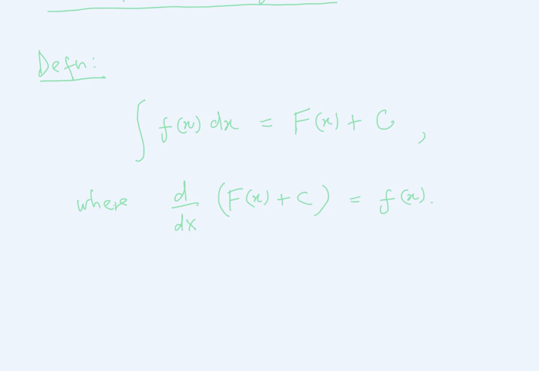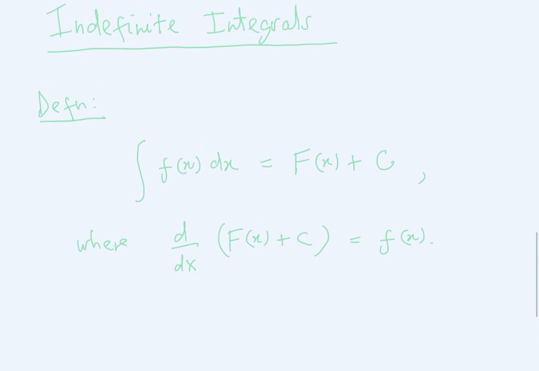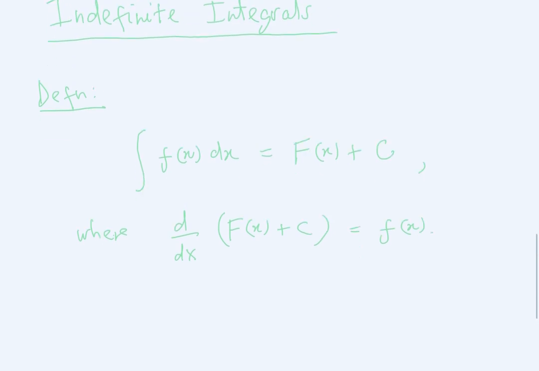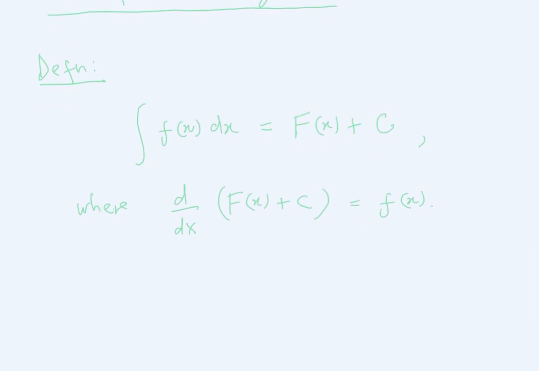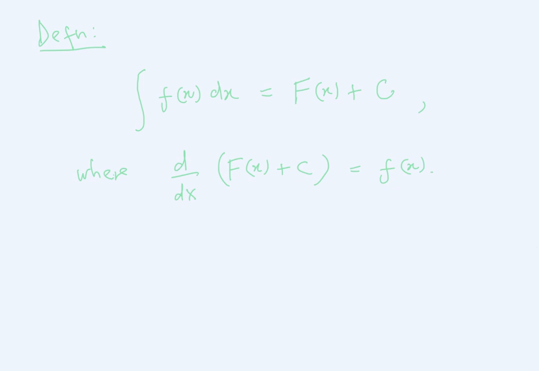When you differentiate big letter F of x plus c with respect to x, you get small letter f of x. That's a definition of indefinite integrals. They give you the antiderivative of the function that you're integrating.